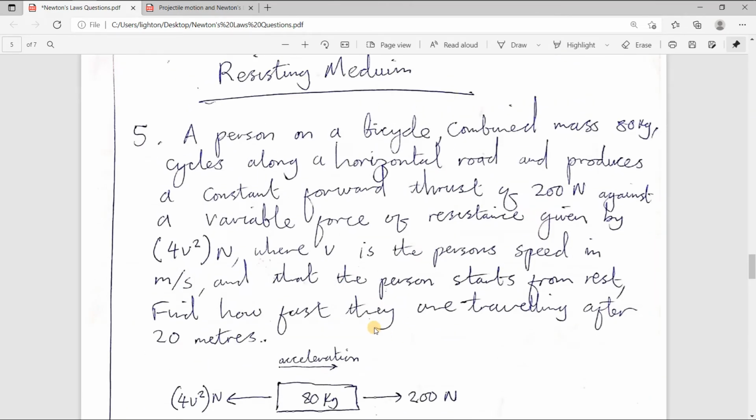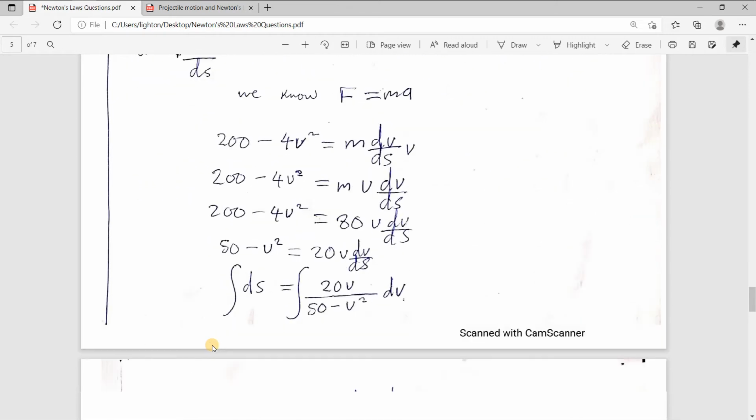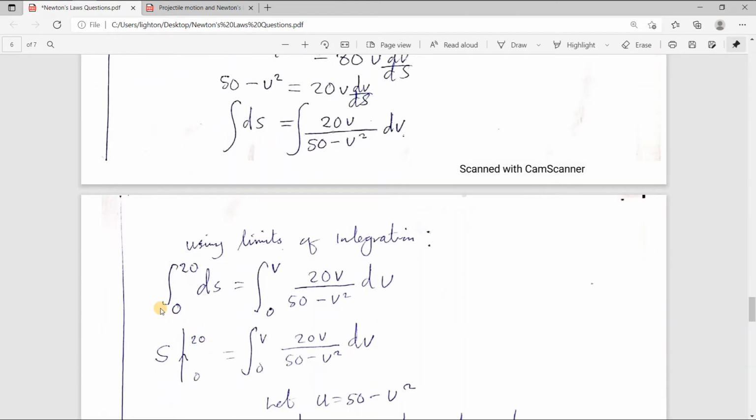How fast are they traveling after 20 meters? So displacement is from 0 to 20, and ds equals the integral from 0 to v, which we don't know since we're looking for v, of 20v over 50 minus v squared dv.